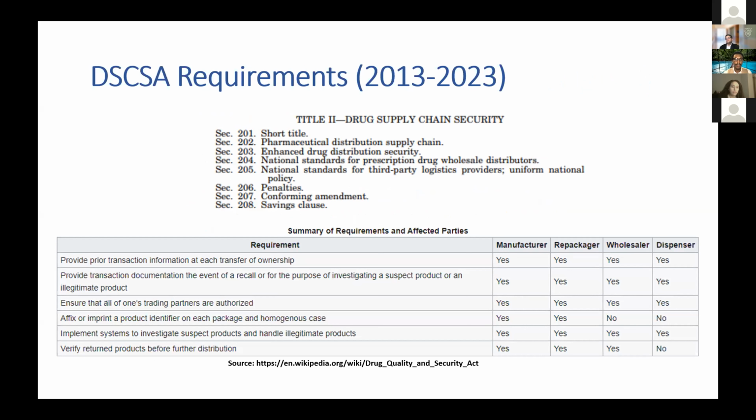So they have a variety of different requirements to verify the authorization of the group previously that they received it from, like a wholesaler, or ensure that different trading partners are authorized. It's put lots and lots of different regulations on the different components of the pharmaceutical supply chain. And you also see that they have been forced to adapt during the pandemic. We'll get into that in just a few more slides to try to keep with this 2023 deadline. And next slide.